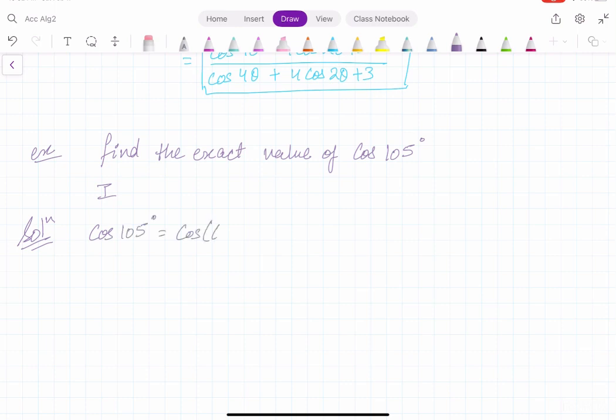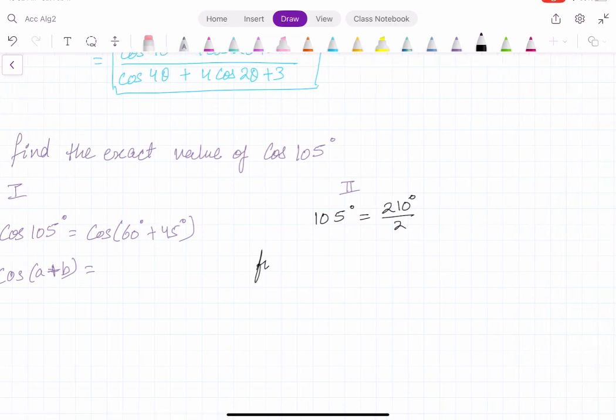So I will show you both ways. So cos 105 degrees can be written as cos of 60 degrees plus 45 degrees, and then you can go ahead and use cos a plus b. But because in this particular video we are talking about the multiple angle theorems, let's use the half angle theorem. So I know 105 is nothing but half of 210 degrees.